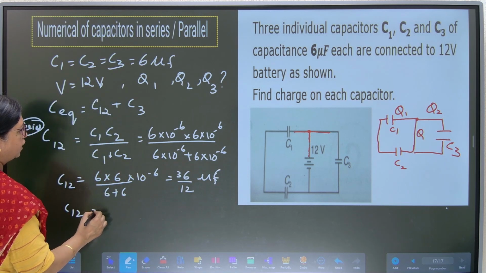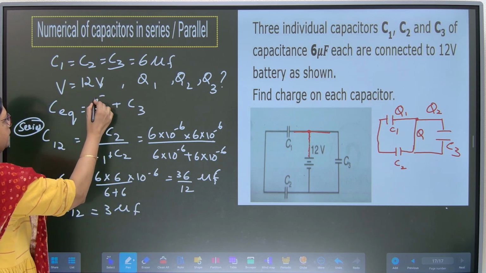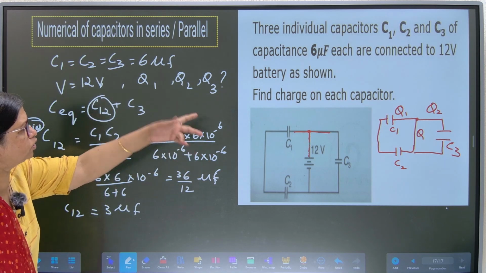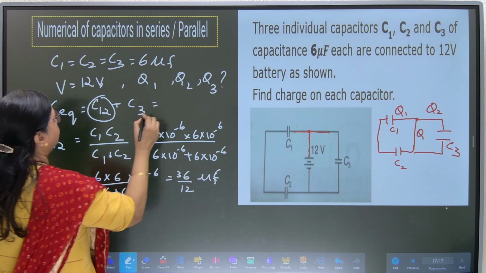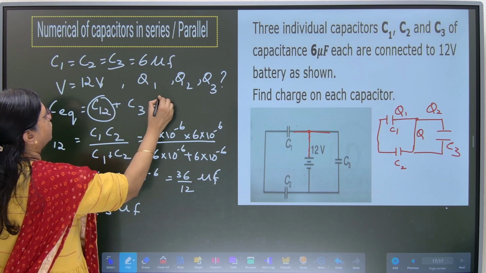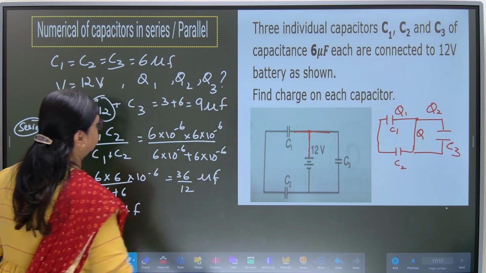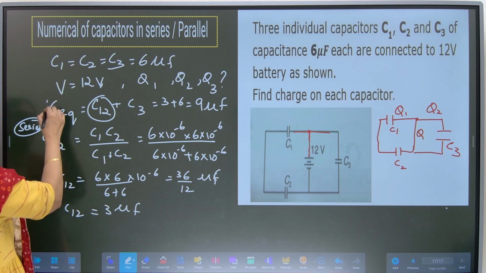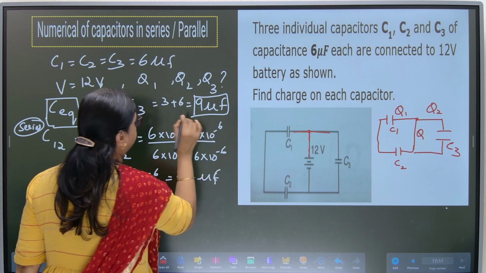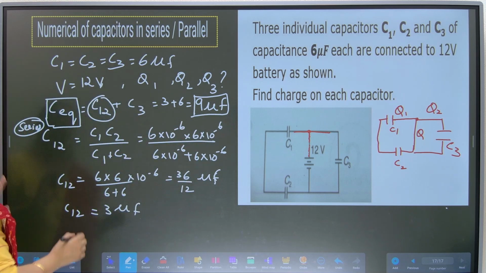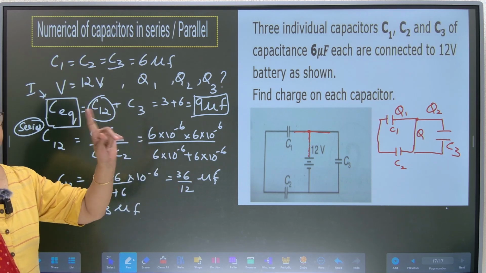So C12 is equal to 3 microfarad, which we will place here. C3 is already 6 microfarad. So our equivalent capacitance will be 3 plus 6, which is equal to 9 microfarad. So we are ready with the equivalent capacitance, 9 microfarad. So step 1 is done for such questions.